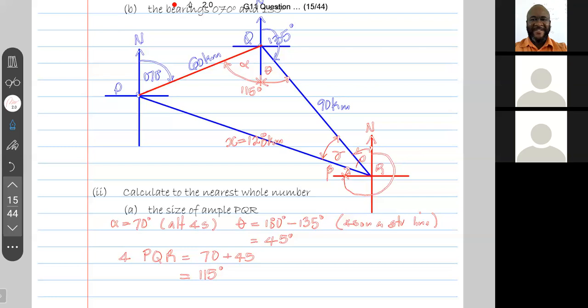Guys, to find gamma, which is the one inside the triangle, we're going to use the sine rule.